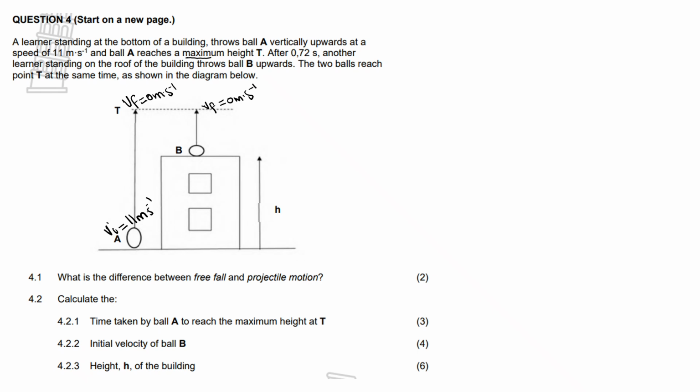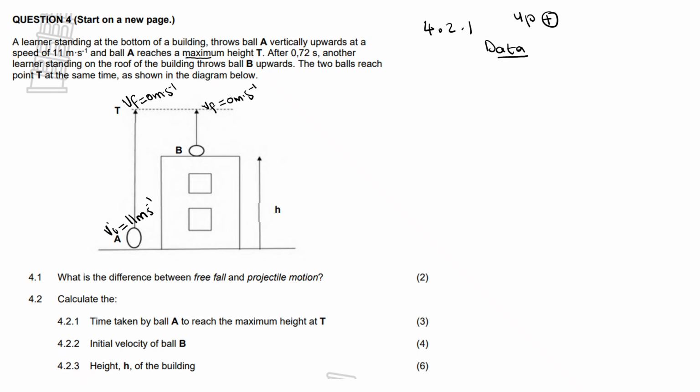So 4.2, calculate the time taken by ball A to reach the maximum height at T. So this is for question 4.2.1. Let's first choose direction. I'm going to take up as positive. So when I have up as positive, I need to create my data.